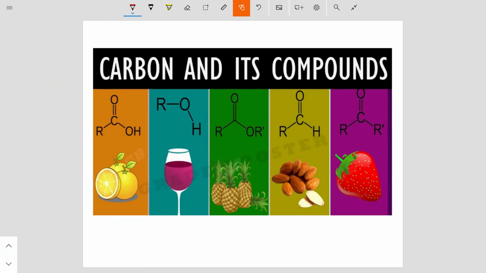Carbon and its compounds. Now, when we see about them, what do you understand by these? These are functional groups.